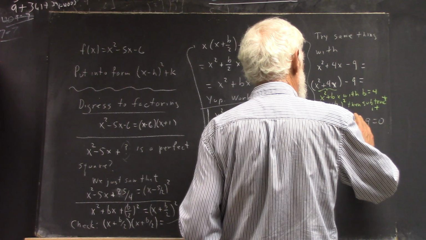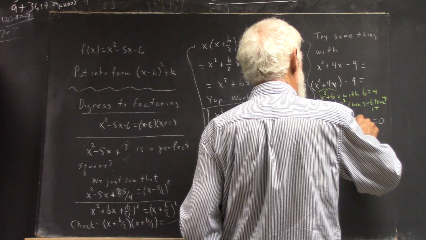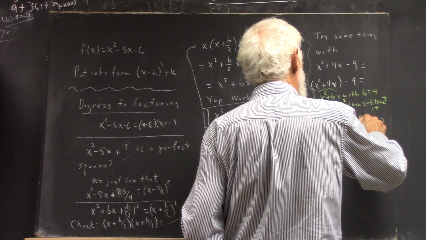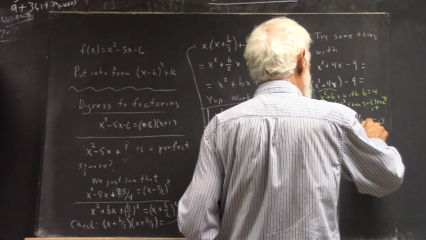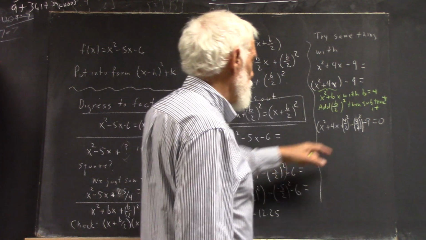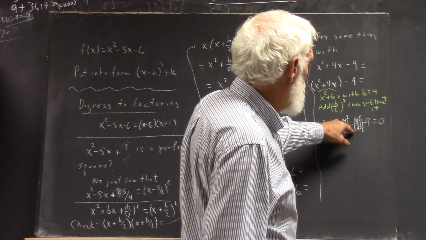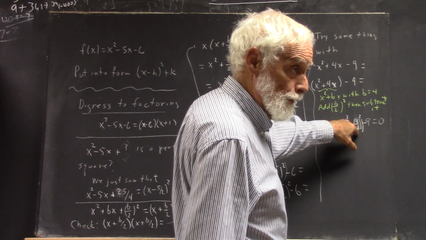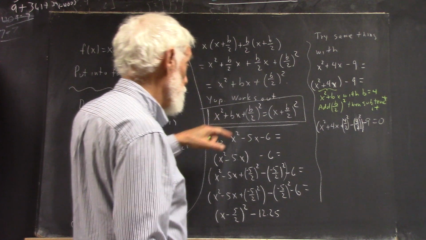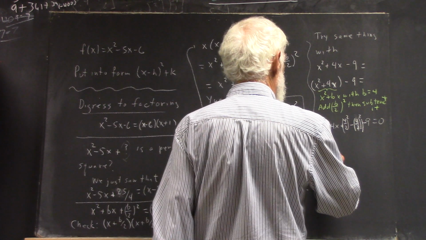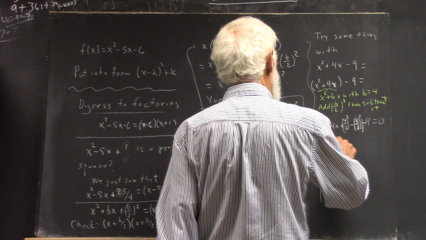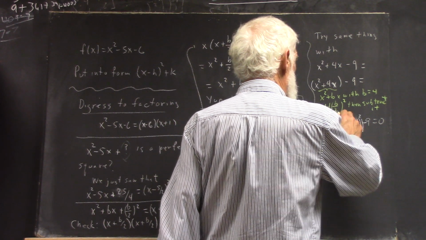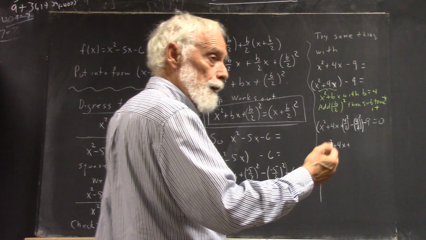Didn't leave myself enough room. But I'm going to do 4 over 2 squared minus 4 over 2 squared, plus 4 over 2 squared minus 4 over 2 squared, just to connect with this. And 4 over 2 is 2, and you square that, you get 4, don't you?